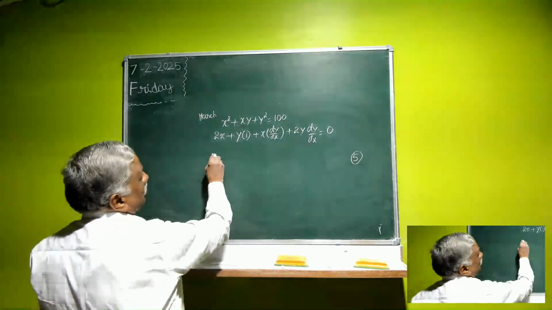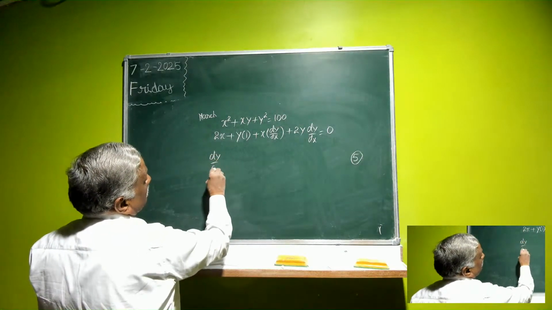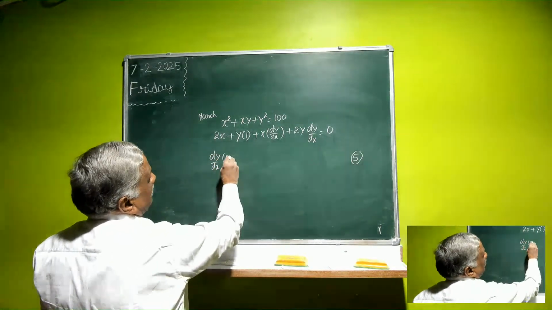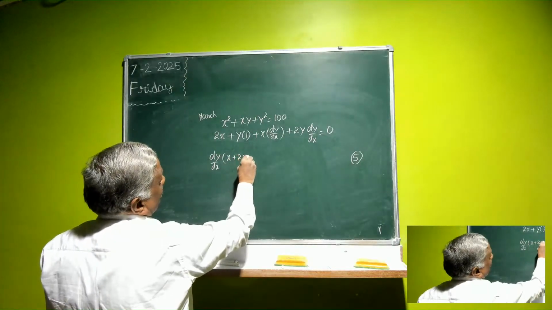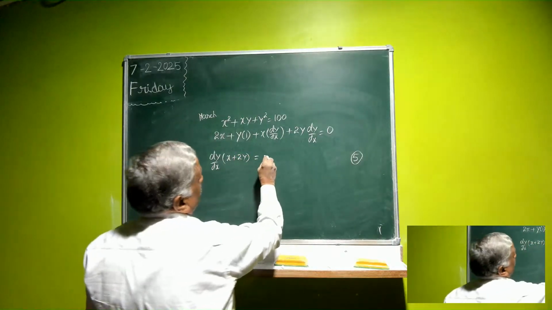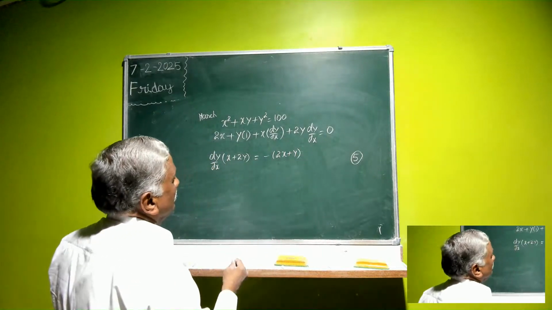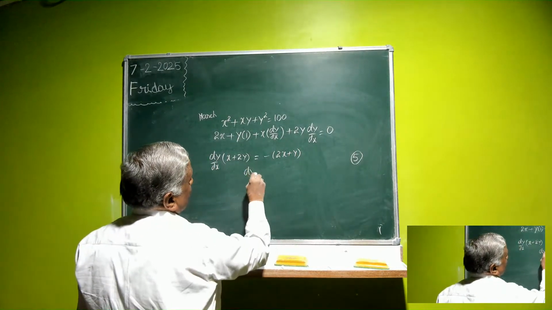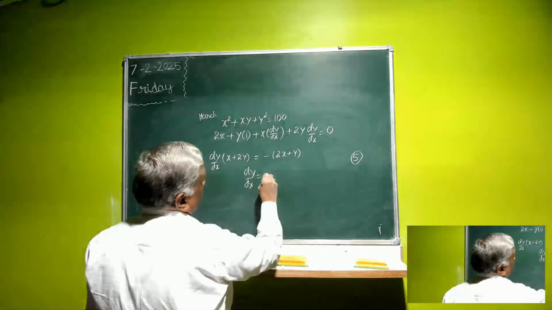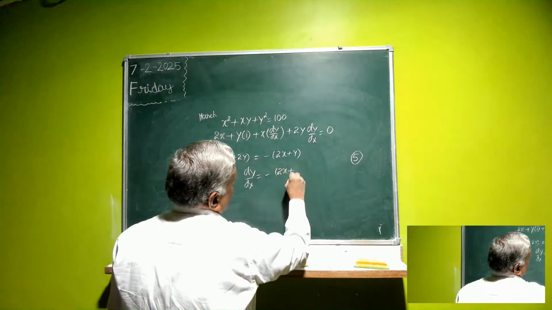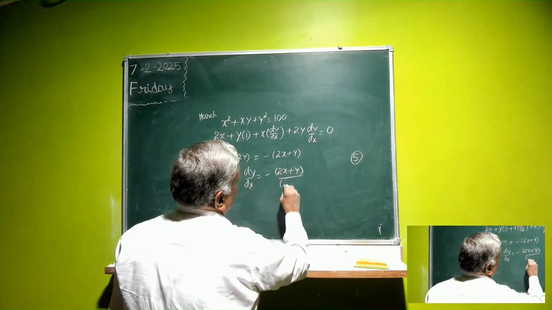So the problem is not over. You have to group the terms containing dy by dx: x plus 2y is equal to minus of 2x plus y. Therefore, dy by dx is equal to minus of 2x plus y by x plus 2y.